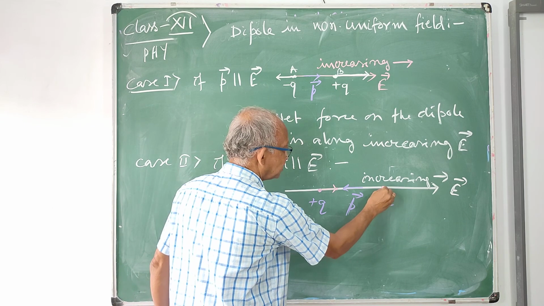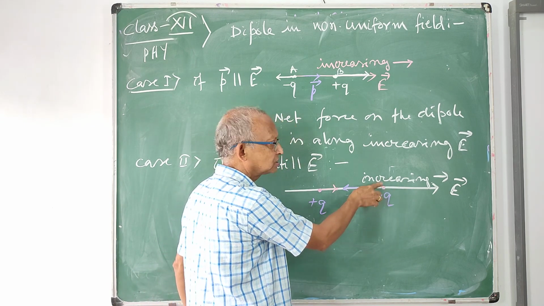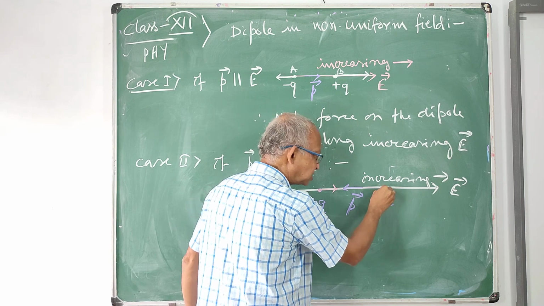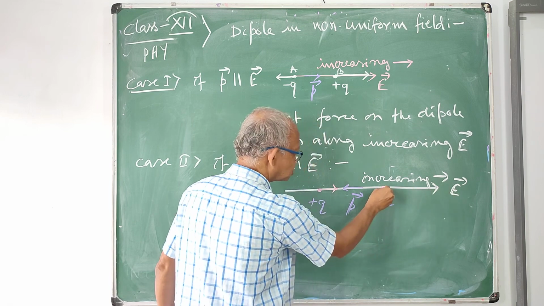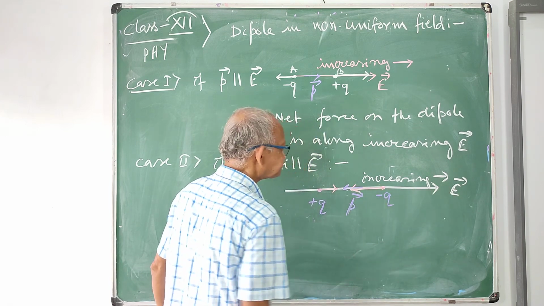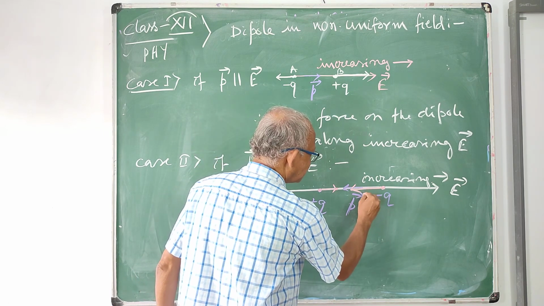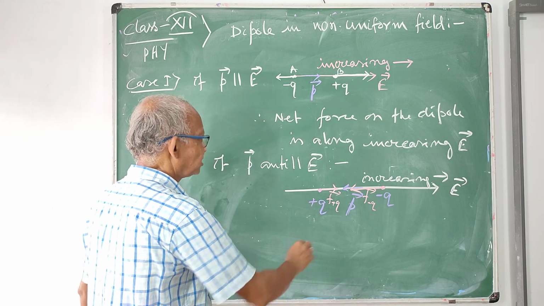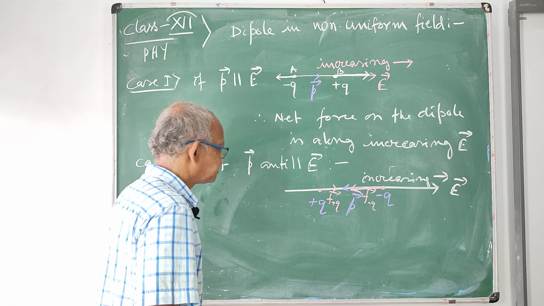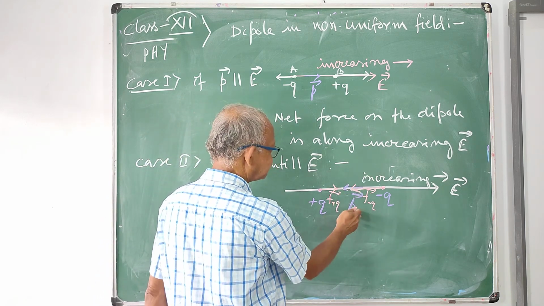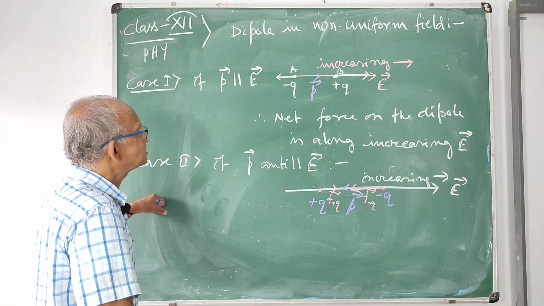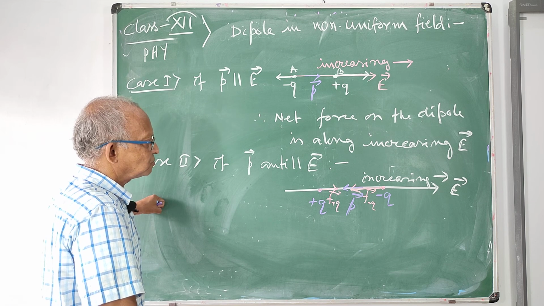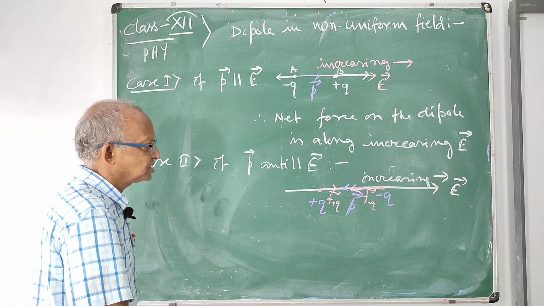And minus q, here the field is stronger, so the minus q charge experiences a force larger in magnitude, but the direction is opposite to E. So this is F on minus q, and this is F on plus q. So the dipole moves physically.